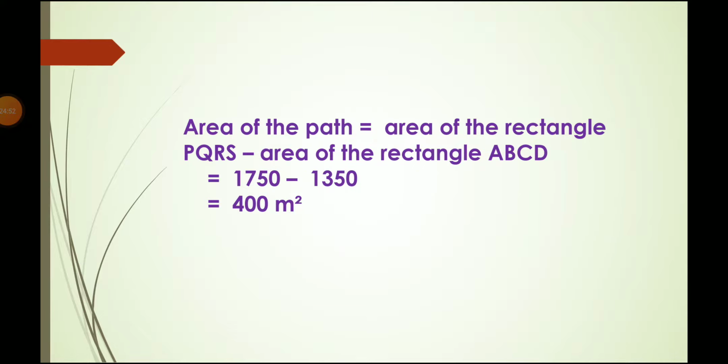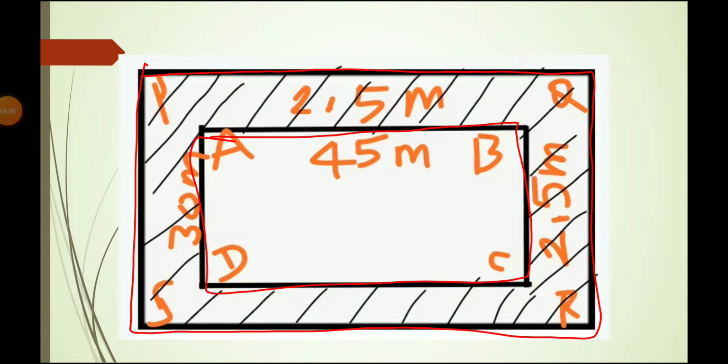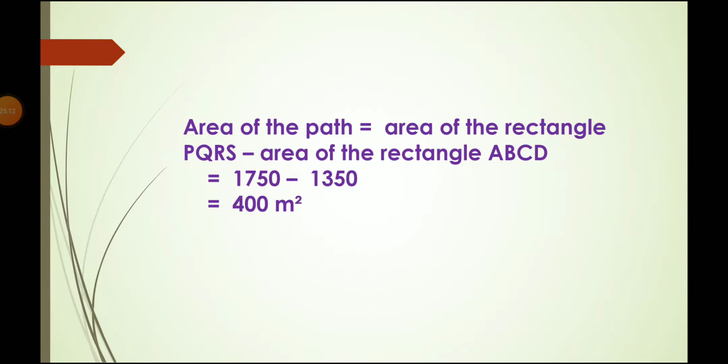Now we are going to find out the area of the path. To find the area of the path, we should subtract the smaller rectangle from the bigger rectangle. So the area of rectangle PQRS minus area of rectangle ABCD.